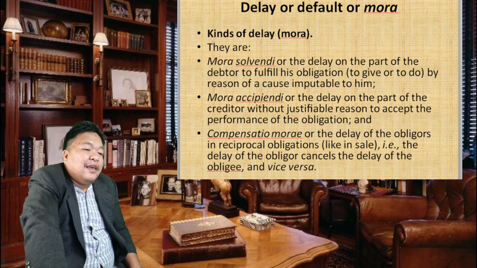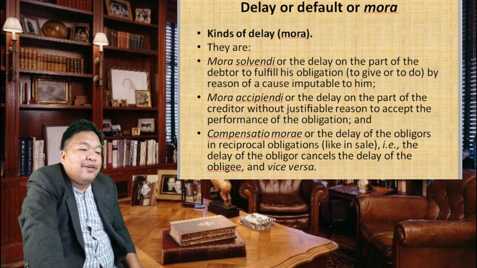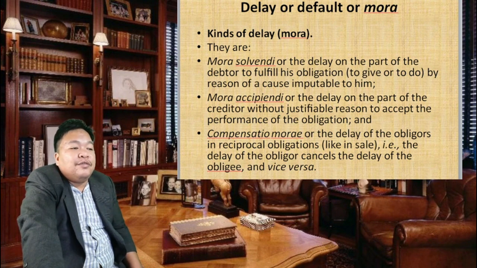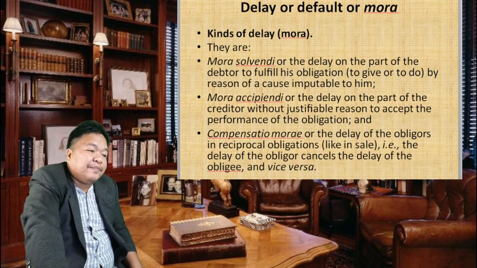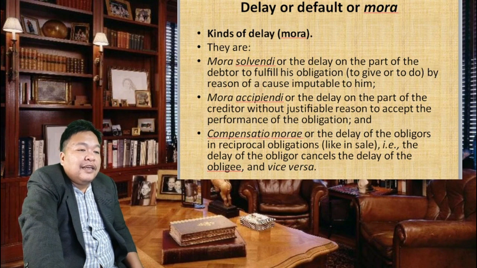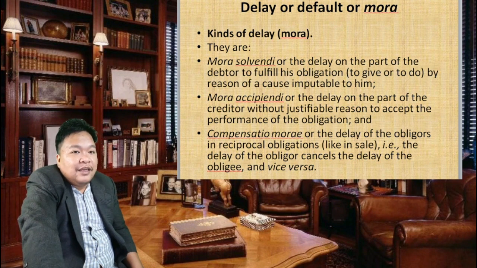Okay, why? In this case, the debtor will fulfill his obligation to give or to do. Okay? So, here, the debtor or Lazada has an obligation to deliver the package which you order.